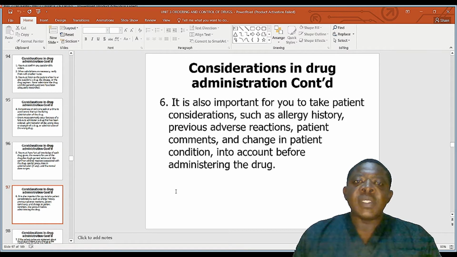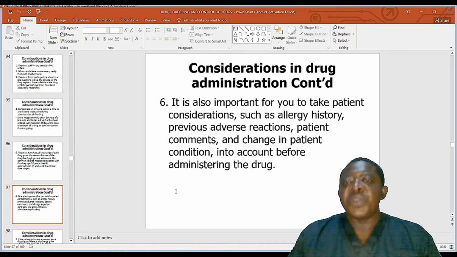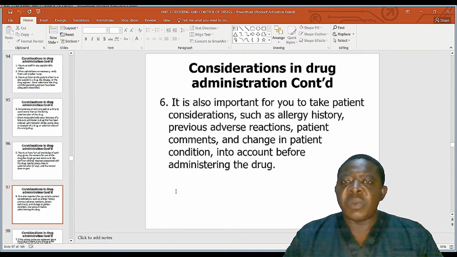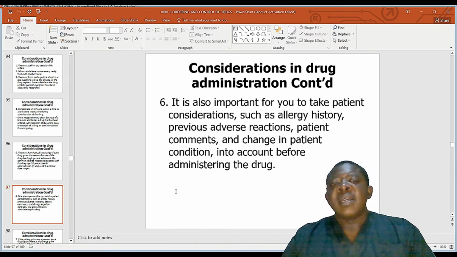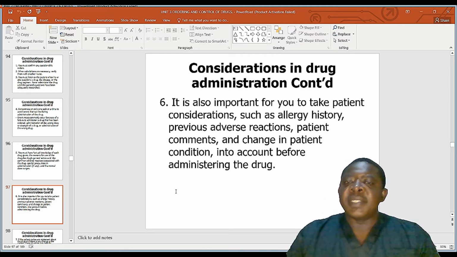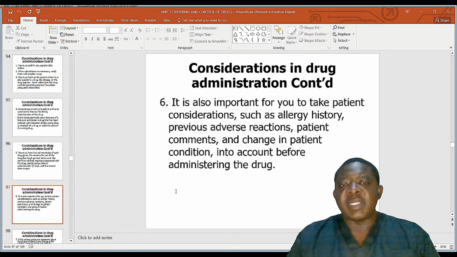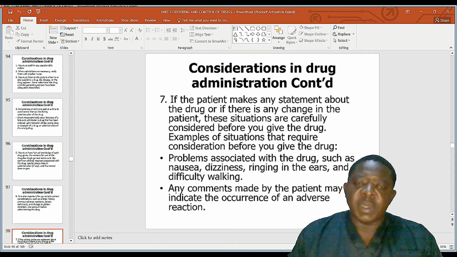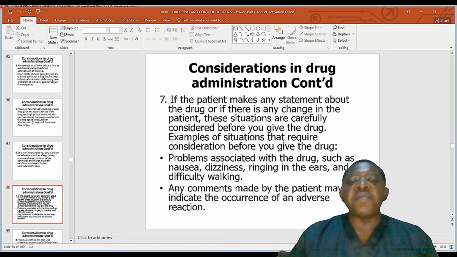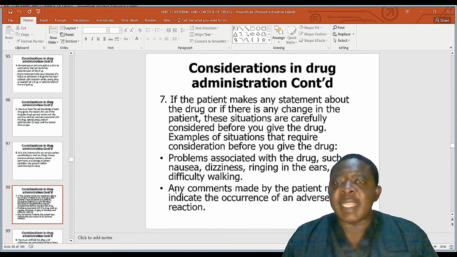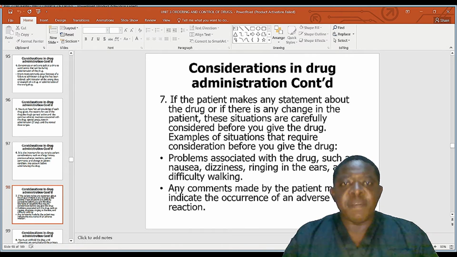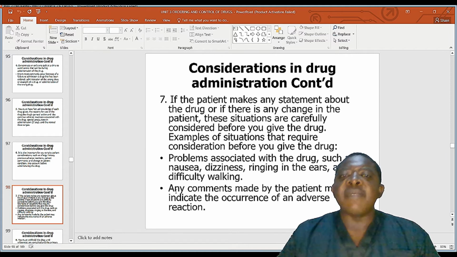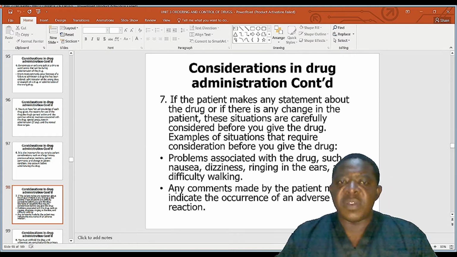Then number 6, it is also important for you to take patient considerations such as allergy, previous adverse reaction, patient's comments, and change in patient's condition into account as you administer the drug. Then the 7th, if the patient makes any statement about the drug or if there is any change in the patient, these situations are carefully considered before you give the drug.